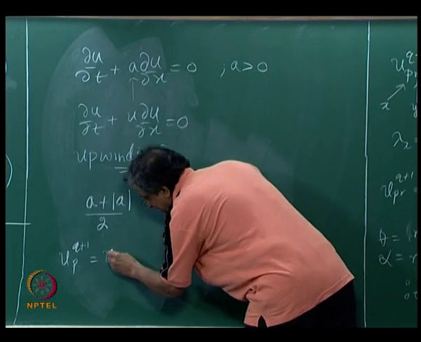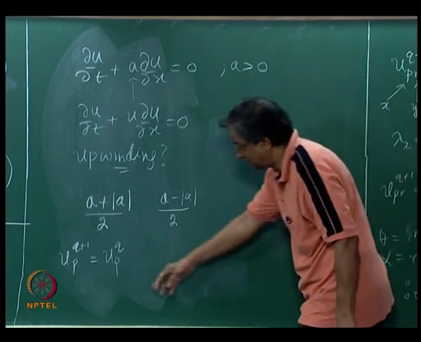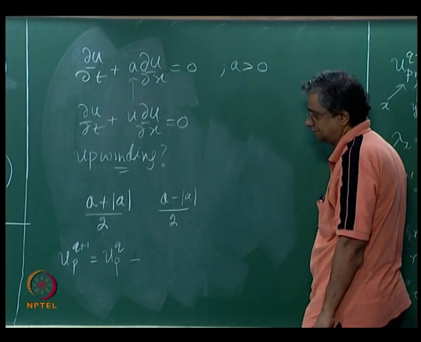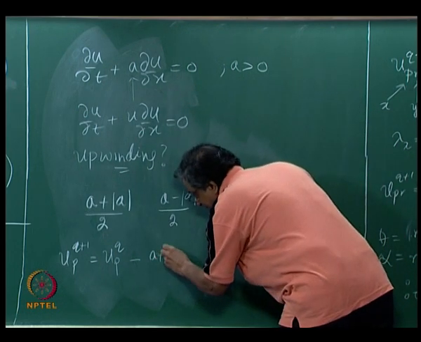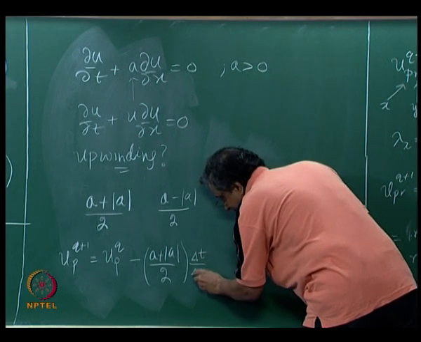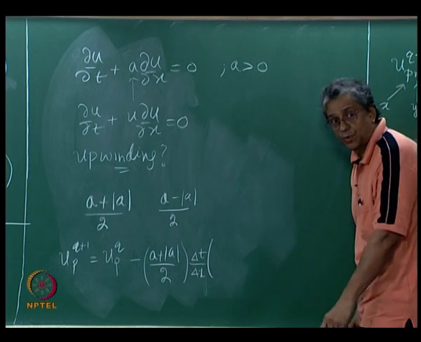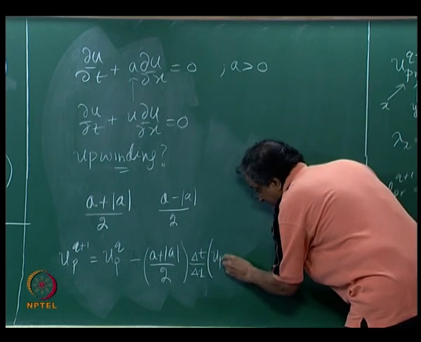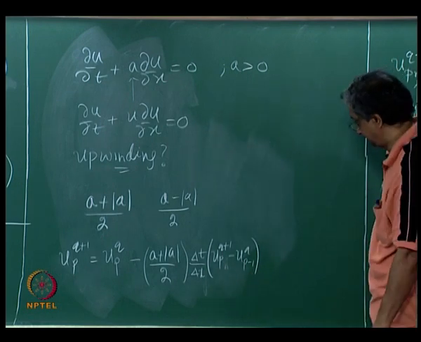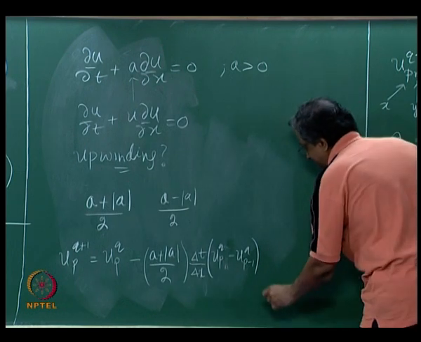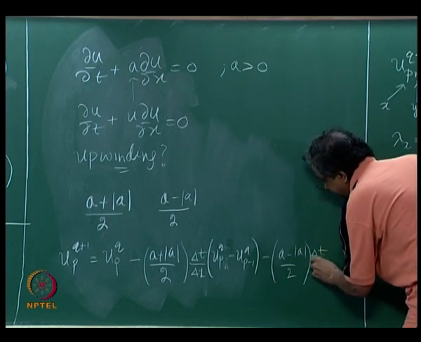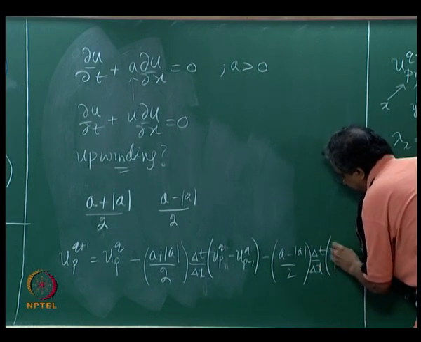So this is UPQ. I seem to have automatically shifted to a superscript, it does not matter, right, minus A plus mod A by 2 delta t by delta x into, what do you want here, UPQ minus UP minus 1Q, Q, thank you, minus A minus mod A, UP plus 1Q minus UPQ.